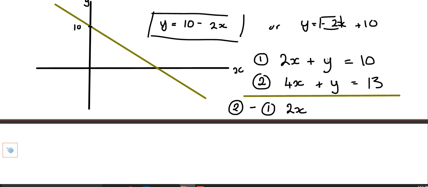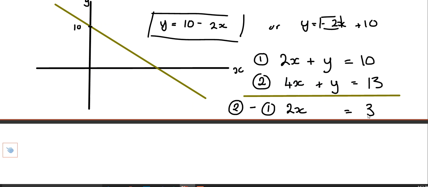What have I just done with the y's? Cancelled, eliminated. I've eliminated them. And 13 subtract 10 is 3. That is the principle behind the elimination method.